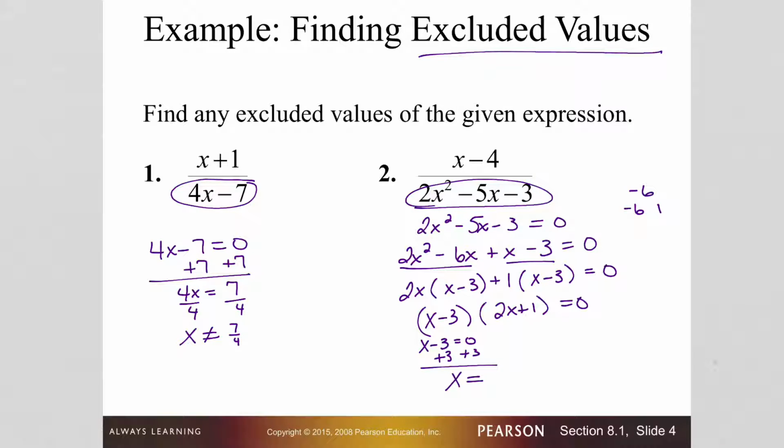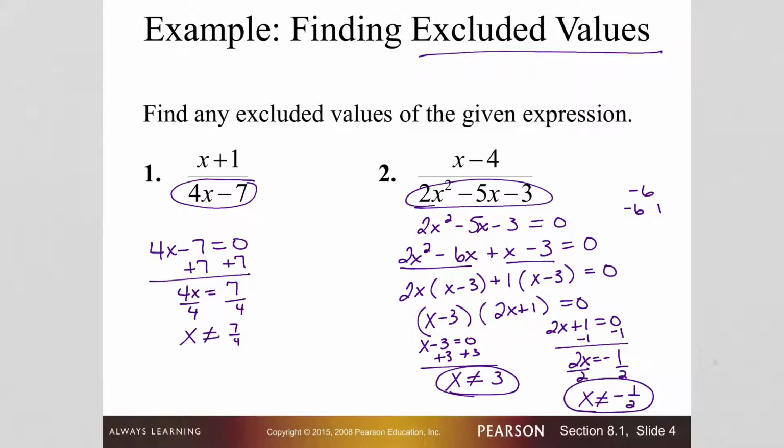So x cannot be 3, and let's try this one. And x cannot be negative 1/2. So these two right here are my excluded values.